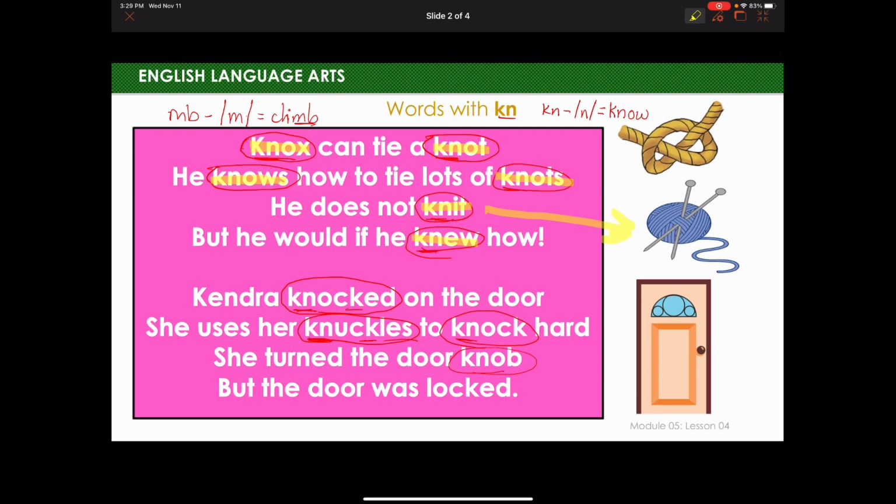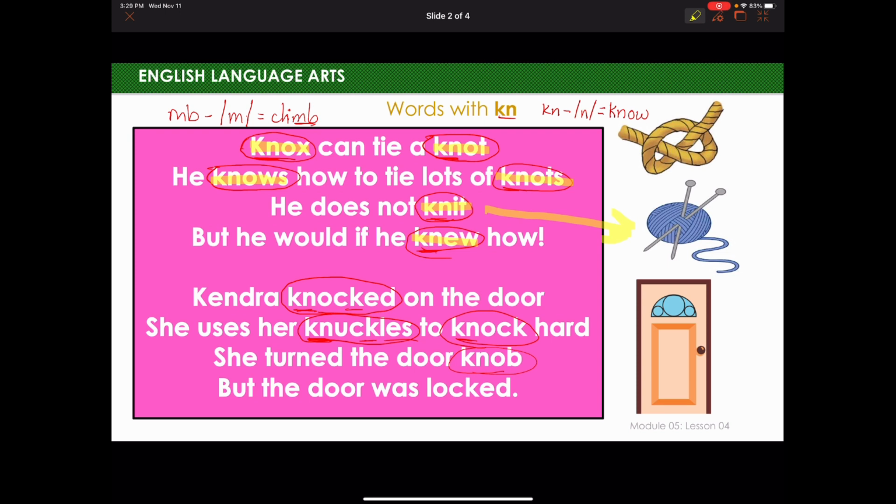All right, let's read the second paragraph. Kendra knocked on the door. She uses her knuckles to knock hard. She turned the doorknob, but the door was locked. So who's the main character in our second paragraph? We have Kendra, right? And what is she doing? She's knocking on the door with her knuckles.